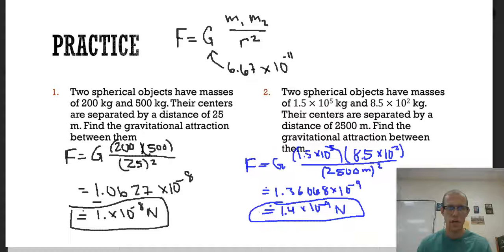Not very much force, probably because the distance increased. And notice how big of an impact the distance has. This force is even smaller than the force we calculated with these smaller objects. The force is so impacted by the distance because that distance is squared, and that squared makes a huge impact. And also gravitational force, it's probably one of the weakest forces out there. Electric force, magnetic force, a lot stronger.